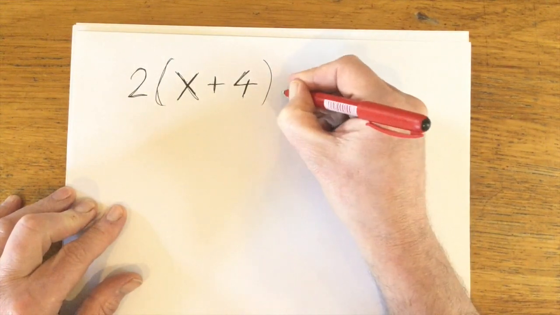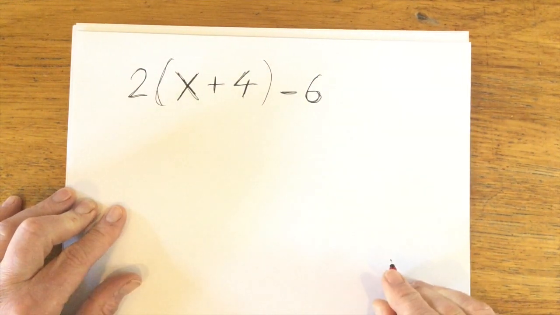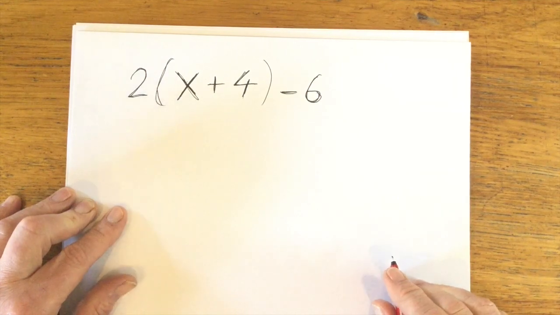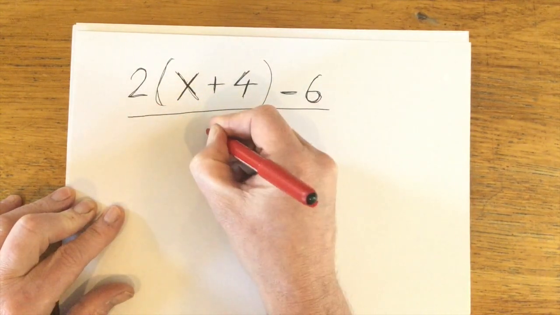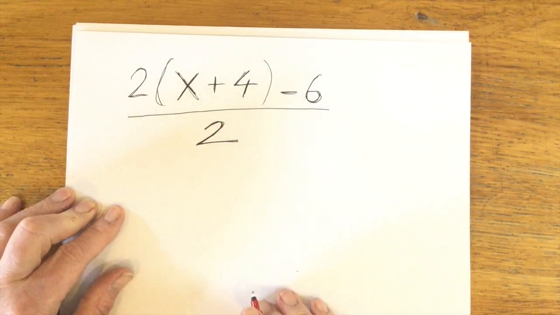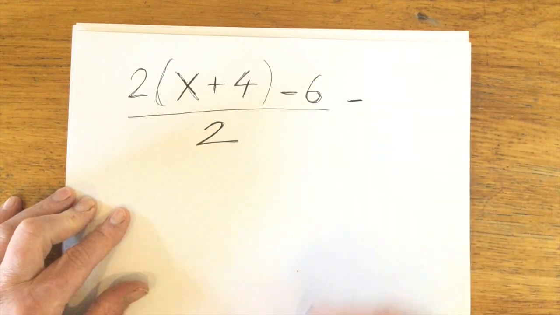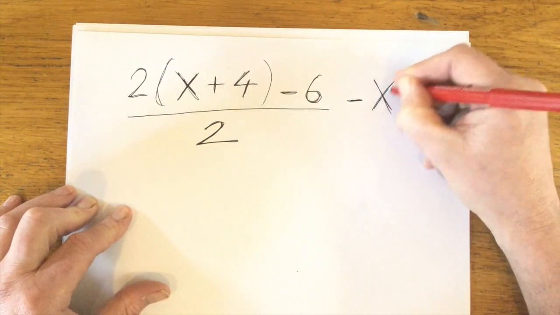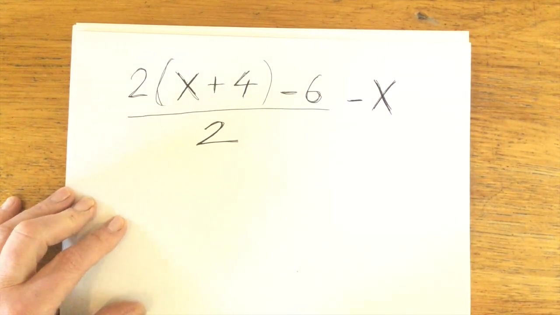And then I said take away 6. Take away 6. And then we halved it. Halved it there. And finally, we take away the number we first thought of, x, onto there.